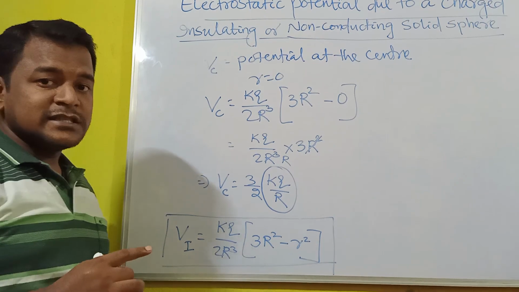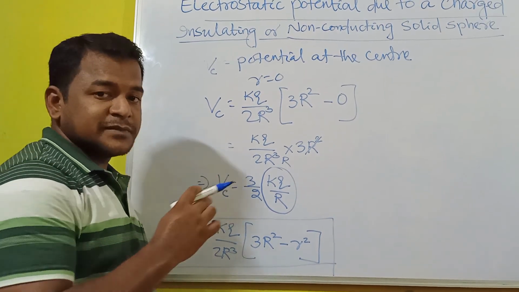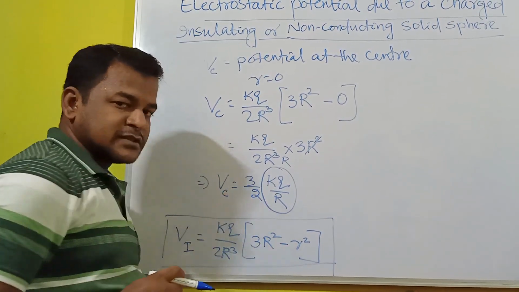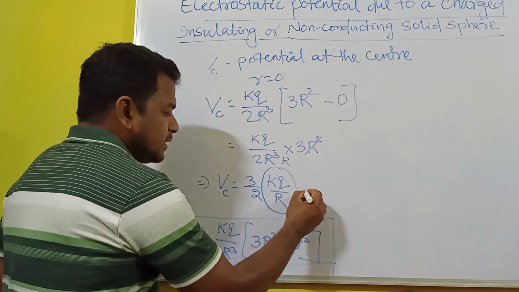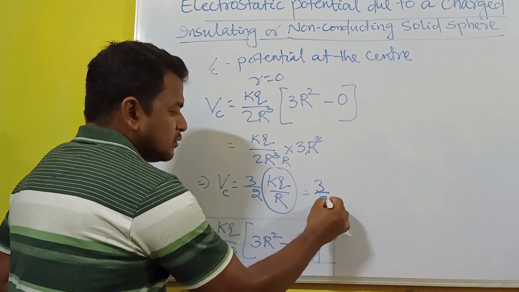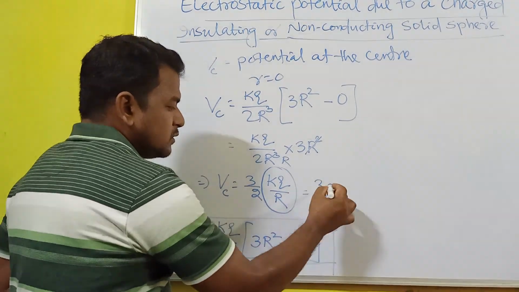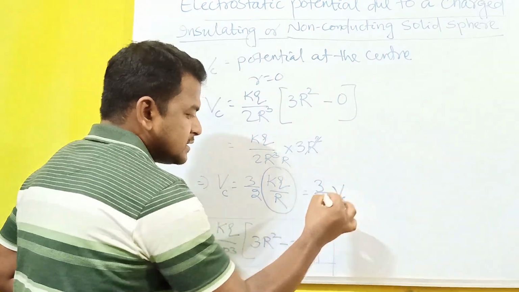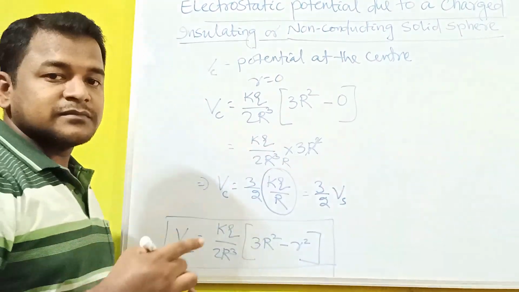Now kq upon R is the potential on the surface of the sphere. We have derived this expression. So we can write 3 upon 2 Vs, potential on the surface of the sphere.